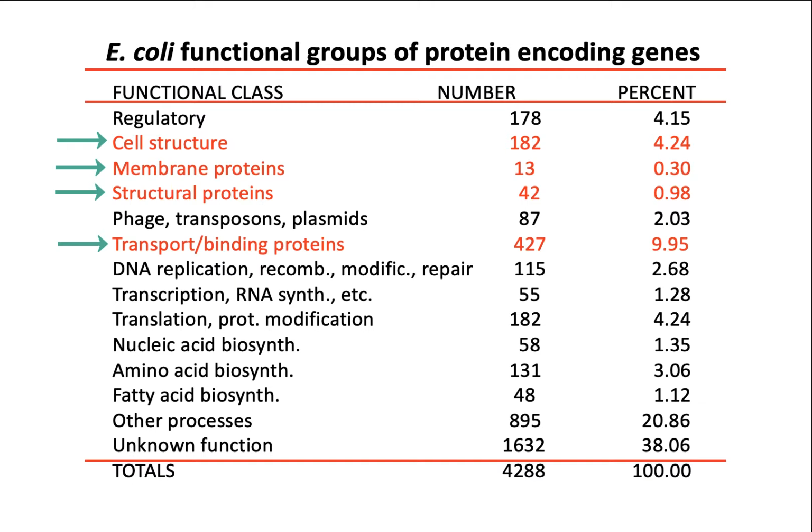So a fairly high proportion, and this holds true of many different genomes. A large number of genes are necessary for these functions of making the cell and then communicating, transporting things in and out of the cell and around the cell, within the cell.